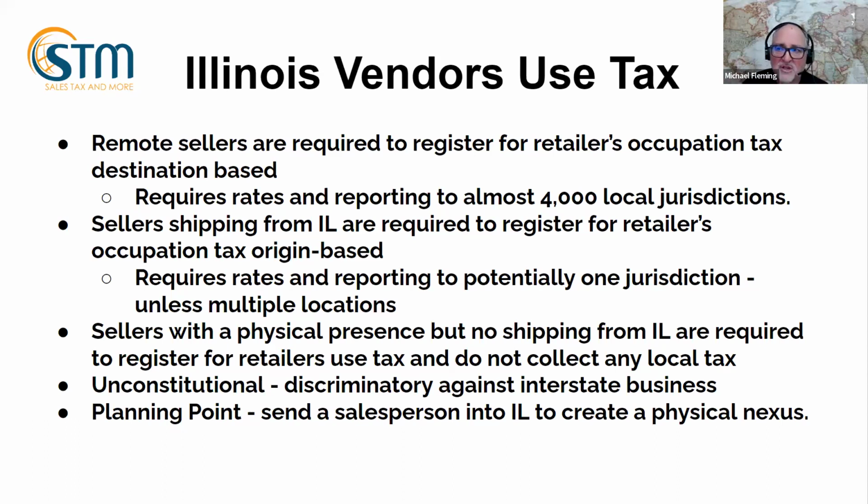Retailer's occupation is what Illinois calls their sales tax. Prior to economic nexus, you were registering for the retailer's use tax. But now you're signing up for the retailer's occupation tax. And if you have no other connections with the state of Illinois, you've got to do it destination based. In other words, where you're shipping it to.